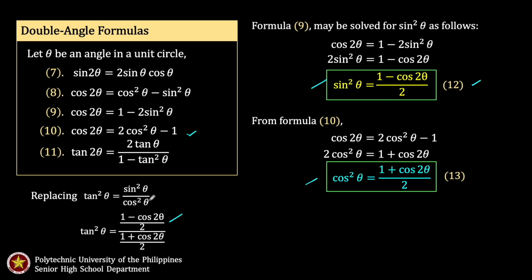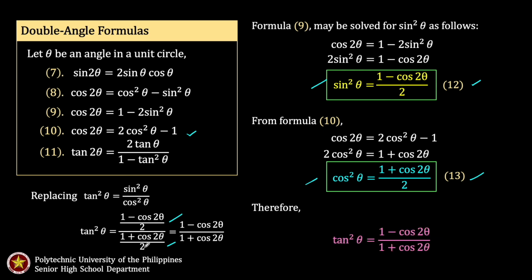Then for cosine squared theta, that will be your equation 13, so 1 plus cosine 2 theta all over 2. Now, by simplifying, 2 will cancel. So we have 1 minus cosine 2 theta all over 1 plus cosine 2 theta. And therefore, tangent squared theta equals 1 minus cosine 2 theta all over 1 plus cosine 2 theta. And this will be our equation number 14.